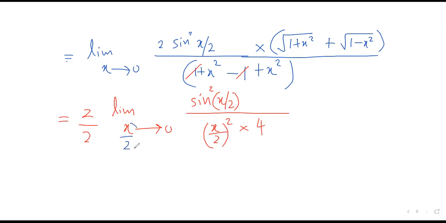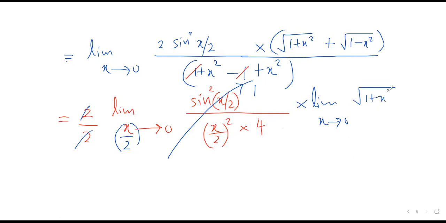Keep it in your mind. This x over 2 goes to 0. Then this part becomes 1. Plus these two cancel in the limit as x goes to 0: 1 plus x squared plus 1 minus x squared, like this.